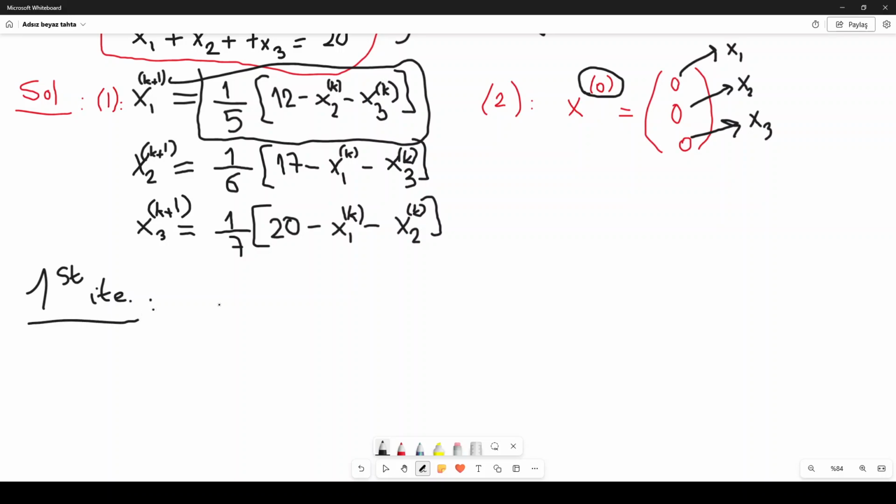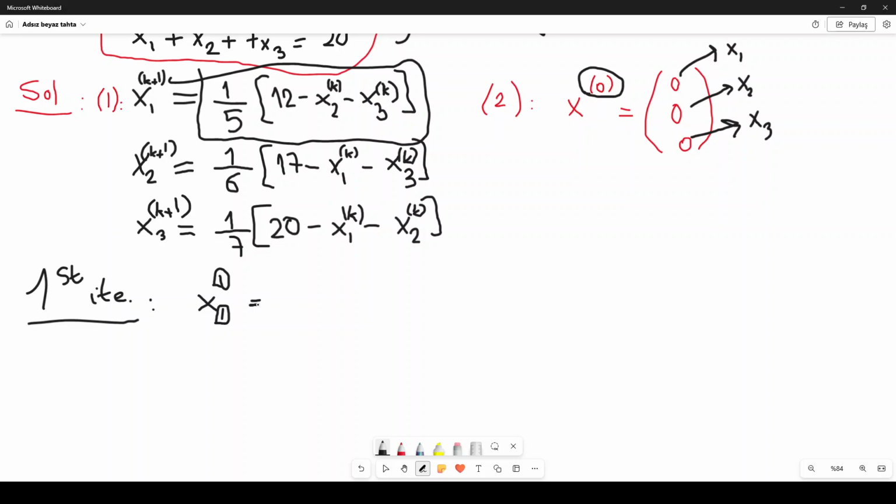Now let's apply our technique. If we take the value k equal to 0, then starting from the first equation at the top, we have x1, 1. This is the number of the unknown variable, and this is the number of iterations. So in the first iteration, how will we compute the value of the first unknown variable?